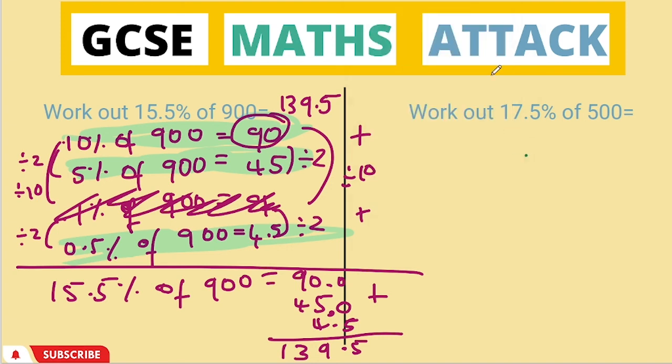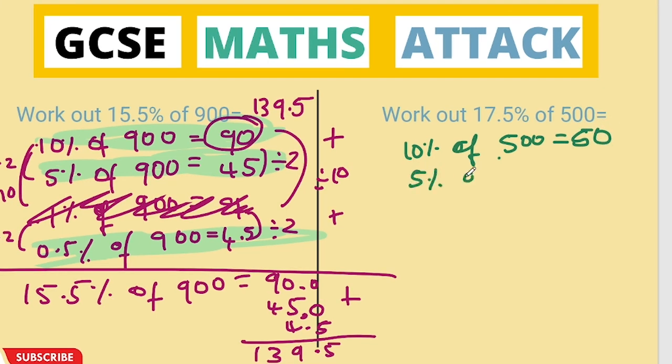For the next one, again, 10%. So 10% of 500, that's 50. 5% of 500 is you're going to divide your answer by 2, which is 25. Then if I add these two together, that's 15.